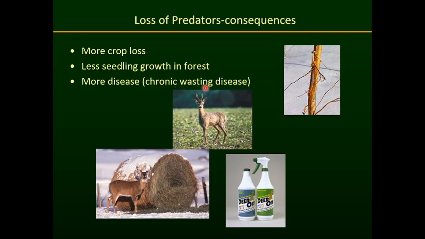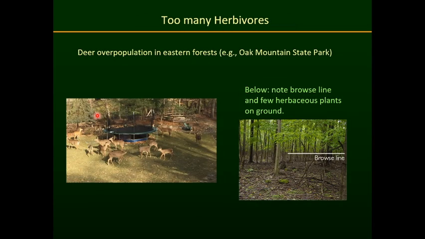Deer are affected by a disease called chronic wasting disease, which has mostly stayed in the northern states. But there's this continual risk that it can spread to the south. The deer in the south have other diseases that plague them. Okay, so these are some of the consequences that we have to deal with from having too many deer and not enough predators in our landscape now in the Southeast.